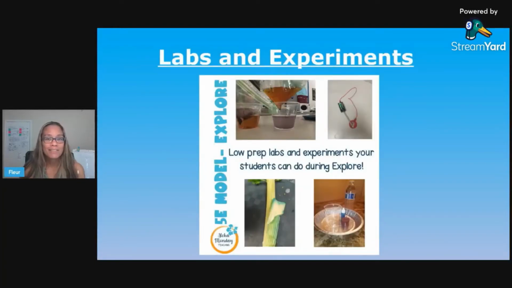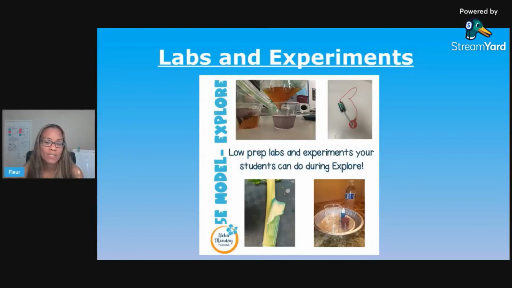Another type of activity that you can do are labs and experiments. This is just an image of things that I have done with my students during Explore. Well, one I did during Elaborate, but you could definitely do this during Explore. Like I said, it's really flexible. You can see in the top left with those cups, that is a cell model lab that I've done with my students to teach them about the cell membrane.